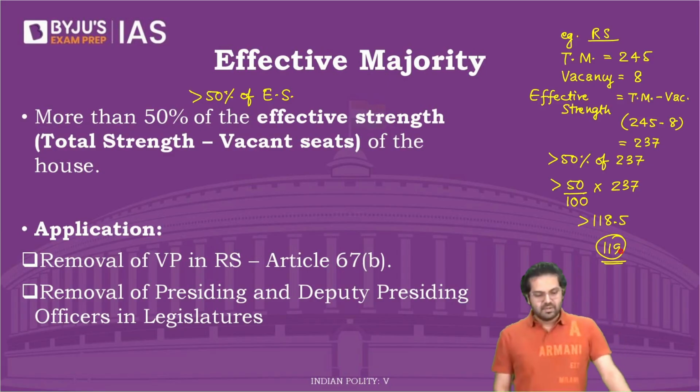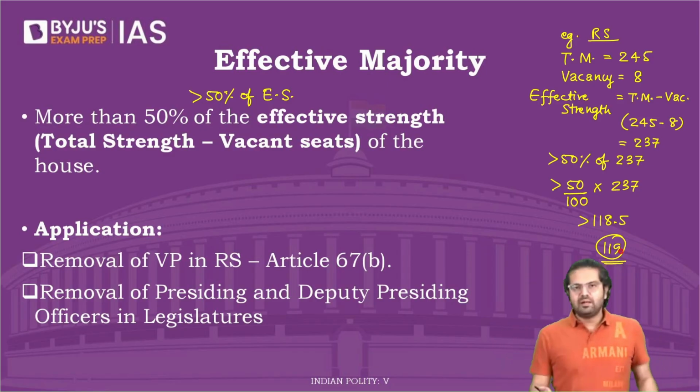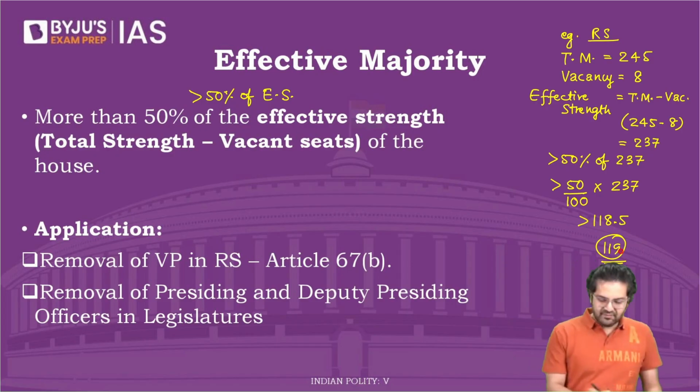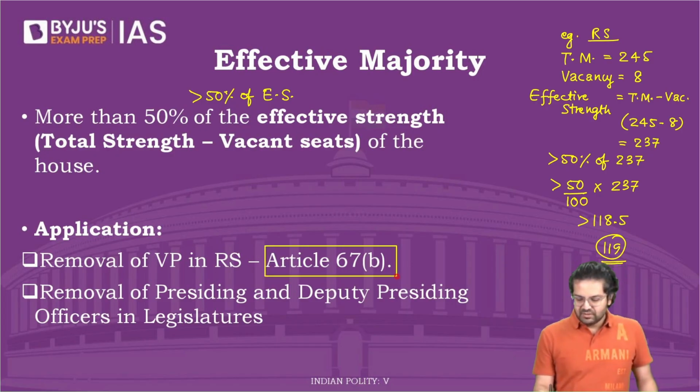Clear? Now, where is this required? Article 67B, the removal of the vice president in the Rajya Sabha. Okay, this is where it is required.